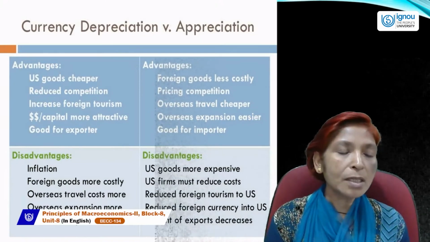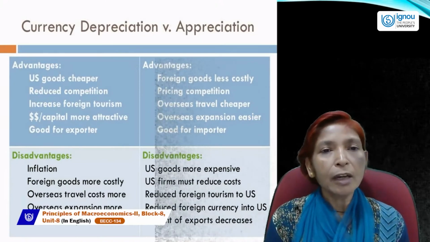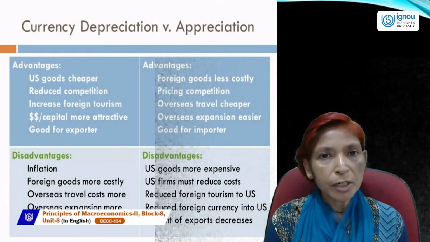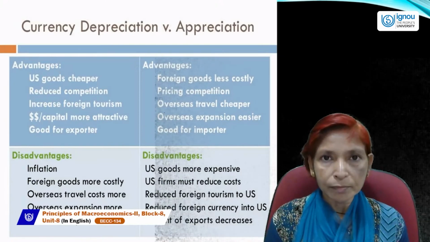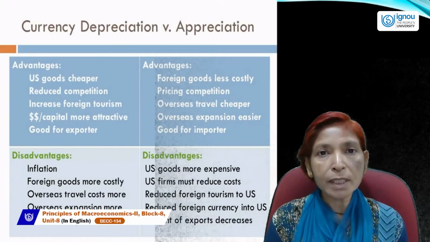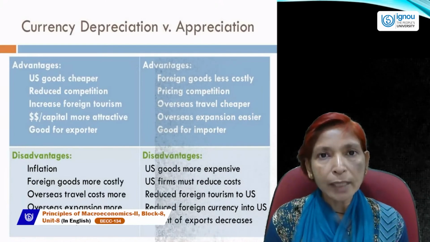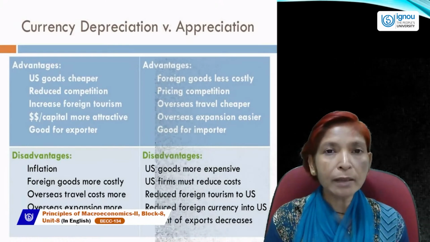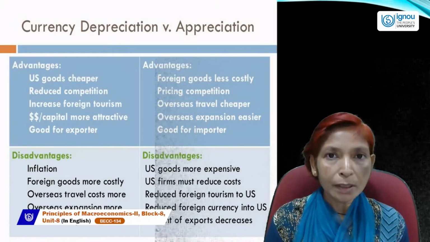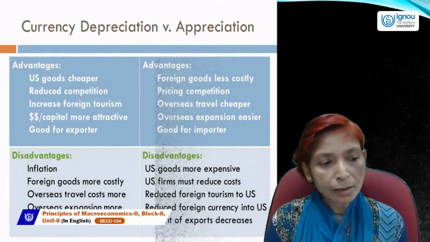And the disadvantage of depreciation is, if a country depreciates its currency, then inflation will occur. Because when we export more goods and services abroad, then shortage will exist in our country, and to compensate for that shortage by importing goods from abroad, inflation will occur.